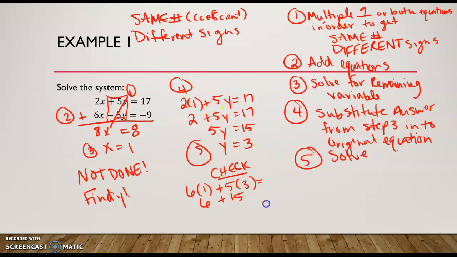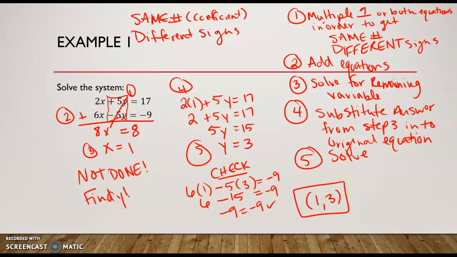I'm like, that doesn't make sense. 6x minus 5y equals negative 9. That makes more sense. So we'd have 6 minus 15, which should equal negative 9, and negative 9 equals negative 9. That works. So our answer is, and we write it as an ordered pair, and an ordered pair has parentheses around it, (1, 3). That's our answer.